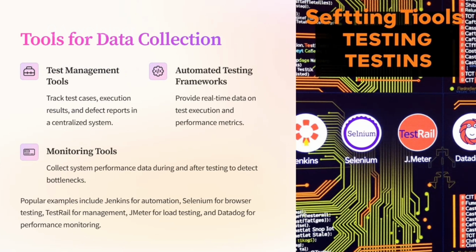Now here are some tools we can utilize for creating the data, or we can say creating the data collection. The first is a test management tool, like Xray, which is integrated with Jira. We can use a test management tool to manage our data. We can track the test cases, execution results, and defect reports there.